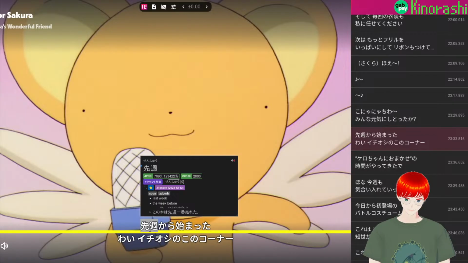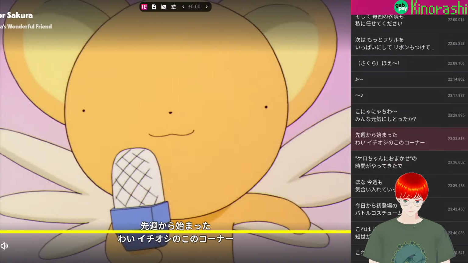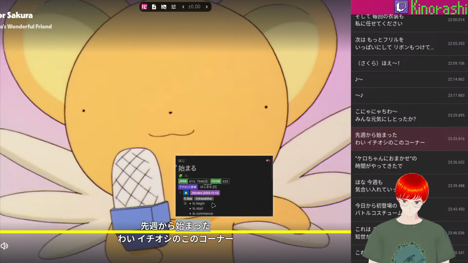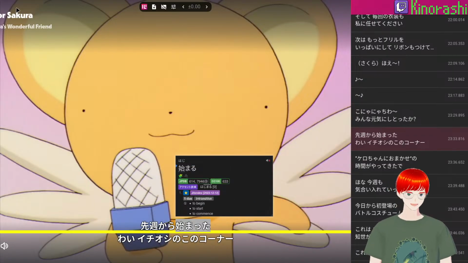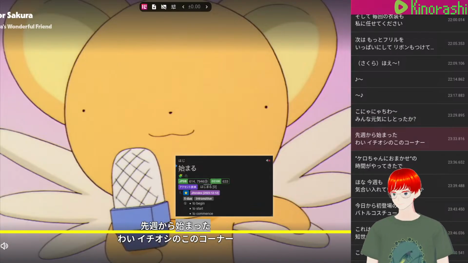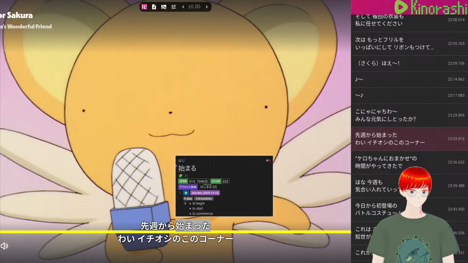Senshu, last week. Oh, senshu, okay. Senshu kara hajimatta. Hajimaru. Wait, which hajimaru is this? Two types of hajimaru. I forgot which kanji goes to which.